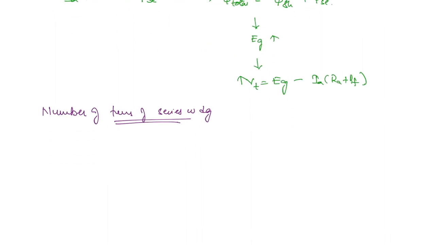The first case is, let us say the number of series turns is very small. Okay. So we will take this as NSE. NSE is very small. This means very few turns are present. In this case, which effect is going to predominate? The first effect is going to predominate. Okay.